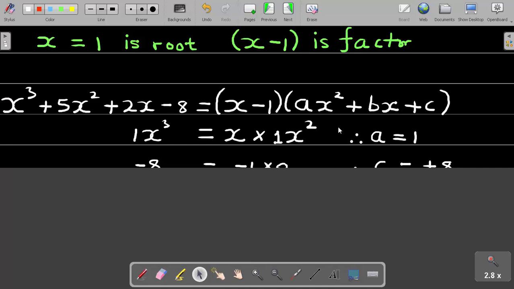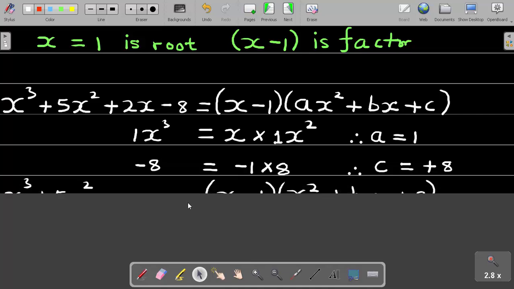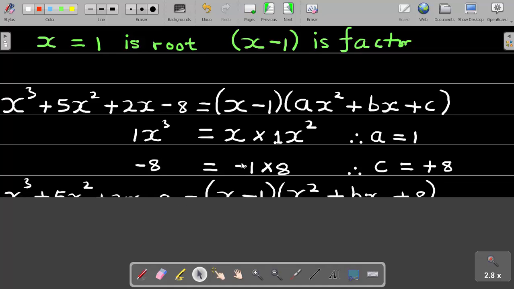Then to get my c, as you can see, I've got a negative 8 here and a negative 1 here, which means for me to get negative 8, I must have my c to be positive 8, because positive 8 multiplied by negative 1 gives me negative 8. That's why we said here that negative 8 equals negative 1 multiplied by 8.